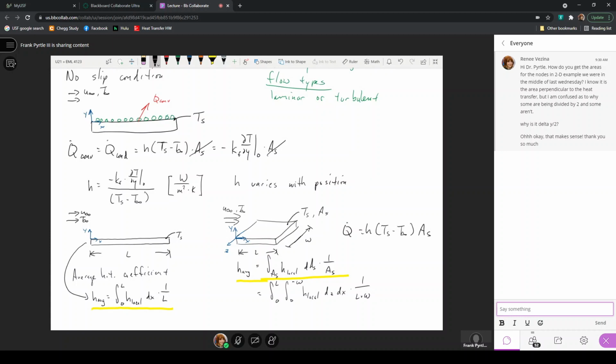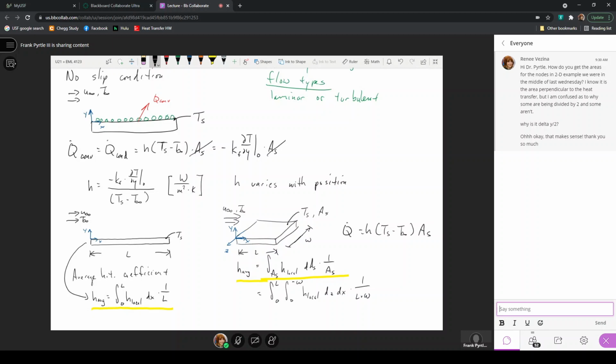So here the surface area would be L by W. The temperature difference would just be Ts minus T infinity, and the heat transfer coefficient would have to come from an expression of the integral over the surface area of the local heat transfer coefficients, and then divide by the surface area. So this just means that the expression of the local heat transfer coefficient has to be written in terms of X and Z in order to perform this integration.